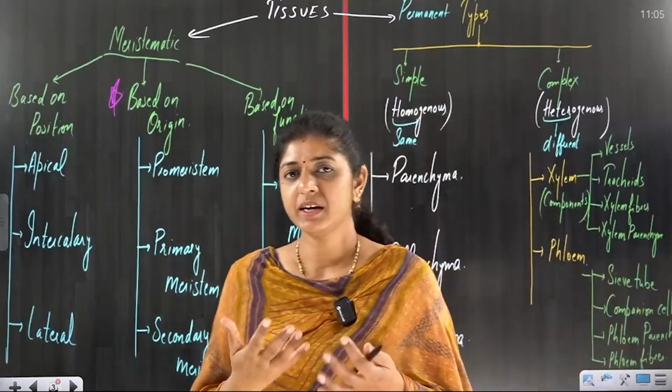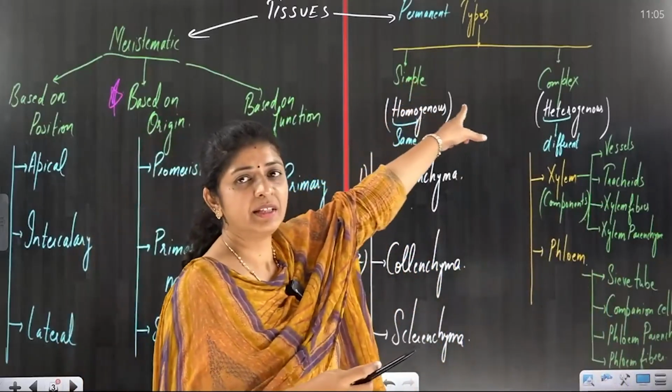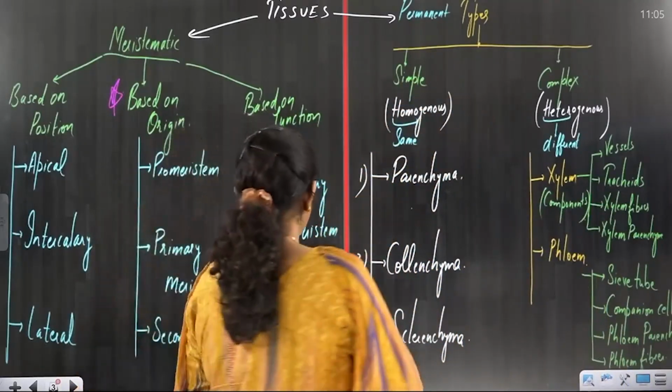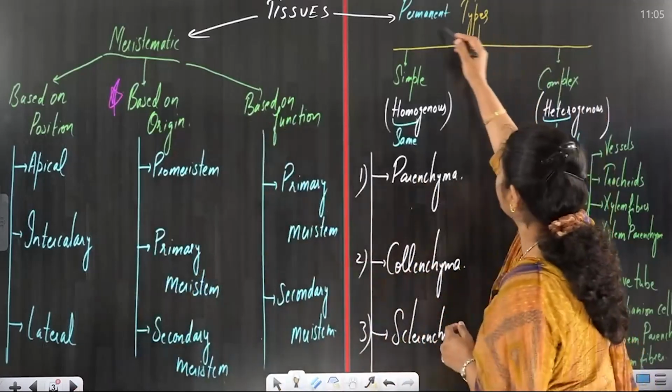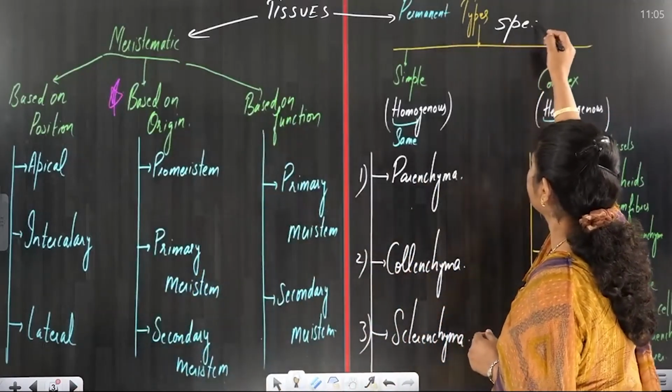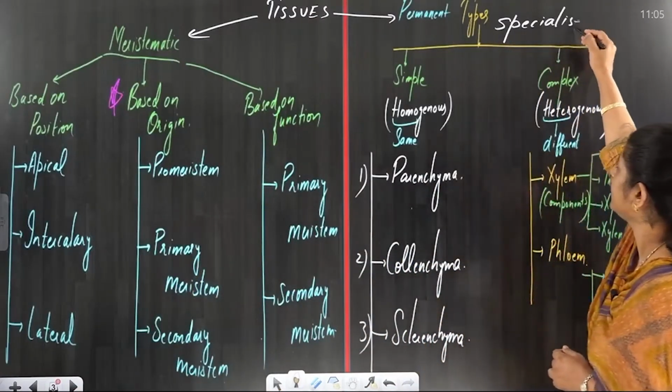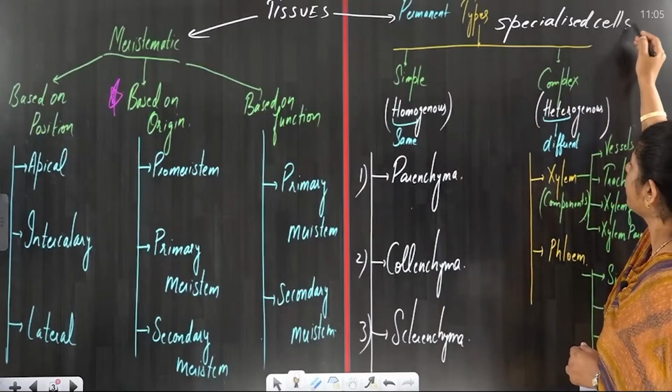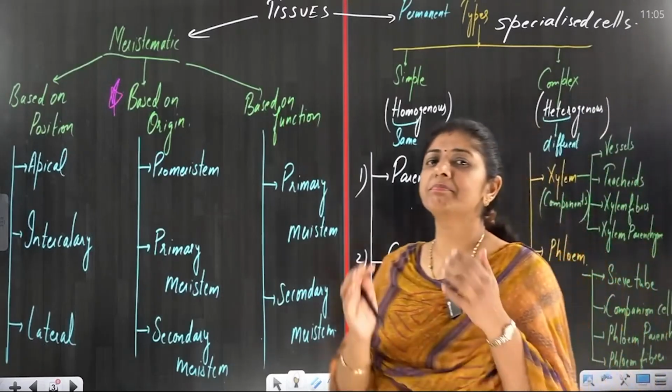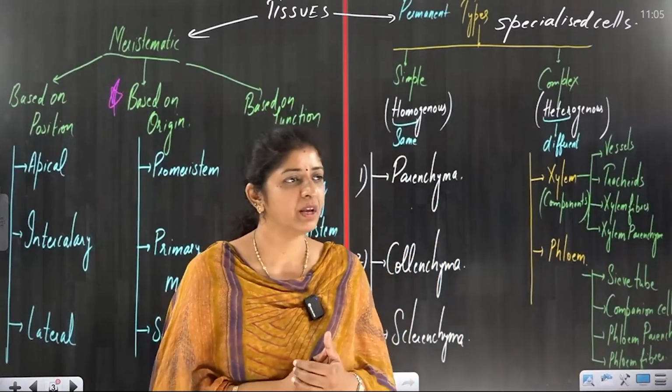Meristematic, I repeat, cells are dividing. In permanent, they are specialized cells. These are which type of cells? Specialized, means these tissues are made up of specialized cells, which have some particular function to perform. Are you getting that?